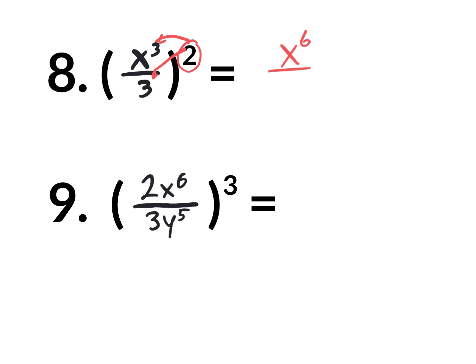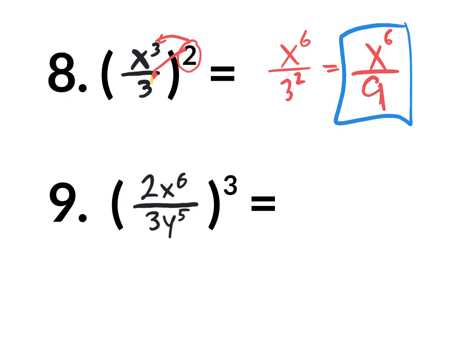It's actually a 3 to the 1 power, right? So you're multiplying the 2 times 1, so that's going to give you a 3 squared down there. Now, what is 3 squared? 3 squared is really 9 on the bottom, and the x to the 6th stays on top. That's your final answer right there. X to the 6th over 9.